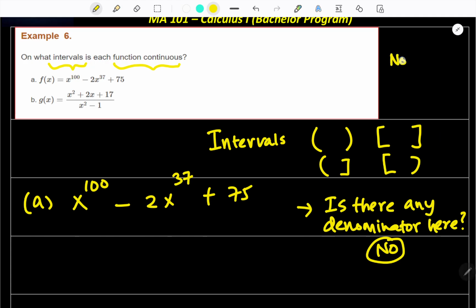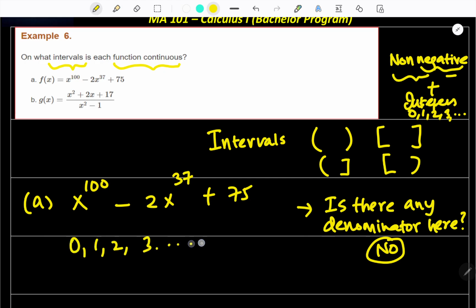What do you mean by non-negative? Negative means minus, so non-negative means positive. What do you mean by integers? Integers are 0, 1, 2, 3 like this. So if the power is 0, 1, 2, 3 and so on, again I am talking about the power, then it is called a polynomial.